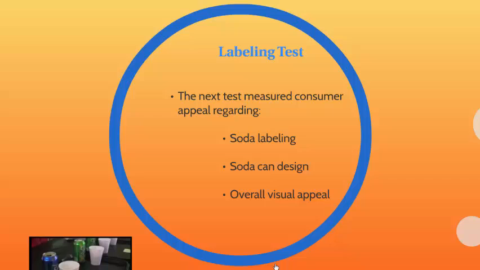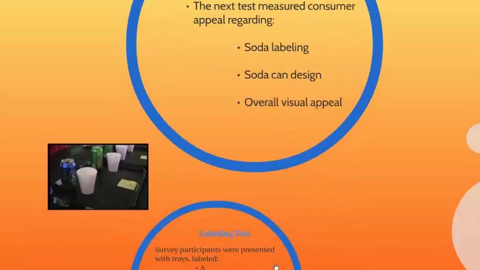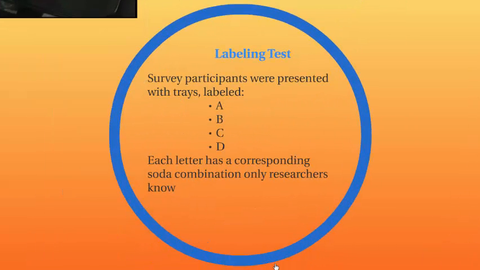Next, we presented them with a labeling or a visual test, and this measured the consumer appeal regarding several different factors: first, the soda labeling, the soda can design, and the overall visual appeal that it had. This is a little bit more about the labeling test.